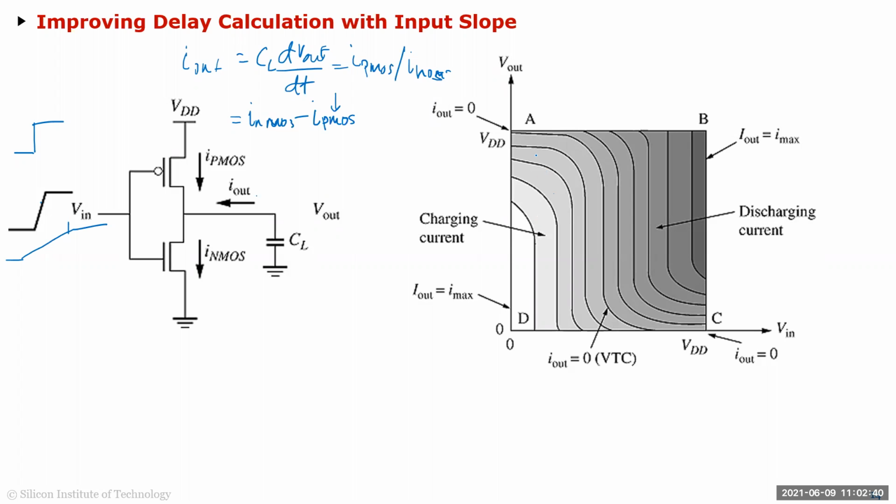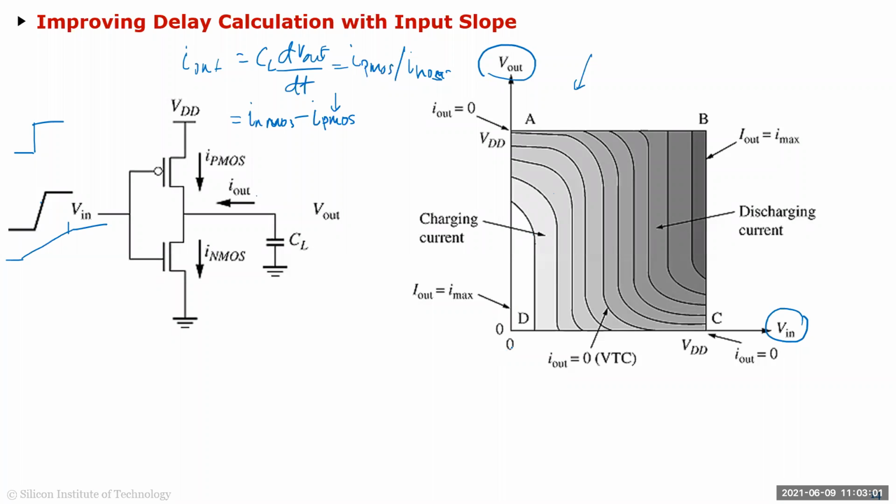This diagram explains it in a nice way with this color diagram over here. What it shows you is, as you're traversing, the x-axis is Vin and this is Vout, right?